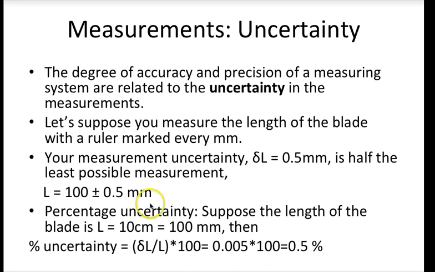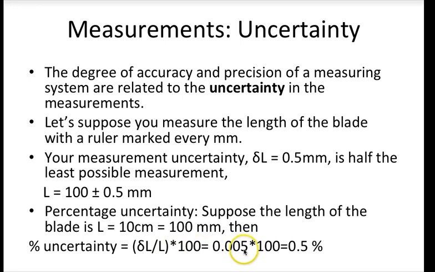Sometimes we don't know how important 0.5 of a millimeter is. Is it a lot? Is it a little? So percentage uncertainty may be useful, telling us 0.5 is what percentage of 100 to know if it is important or not. In this case, we do delta L over L times 100.